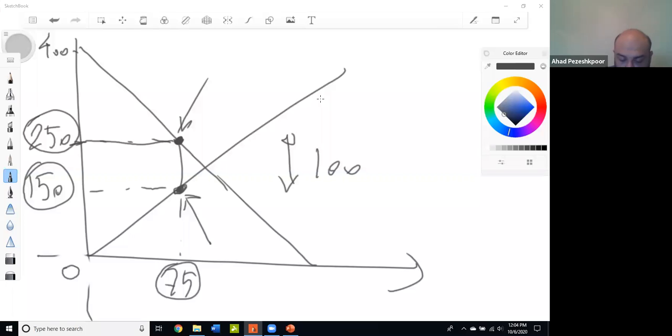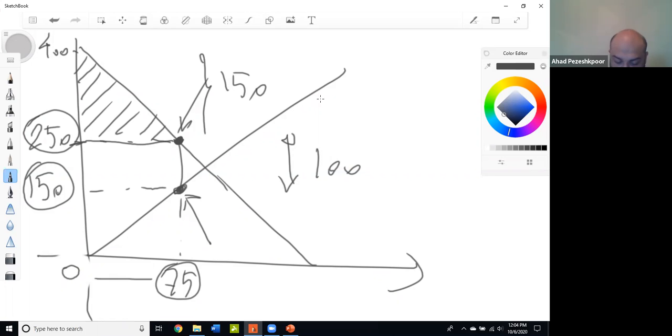How do we get this number? This area is 150. That is the height of this triangle. We're looking for this triangle. We have the height. We have the base, which is 75. And the area of this triangle.